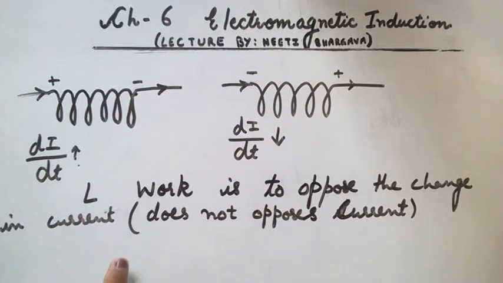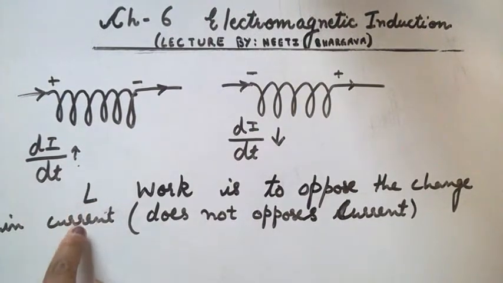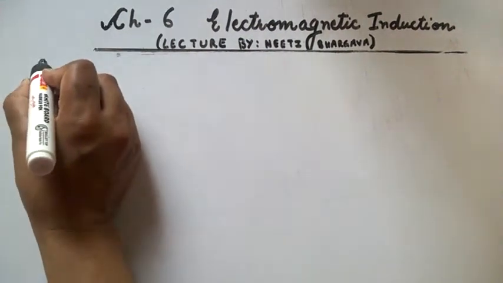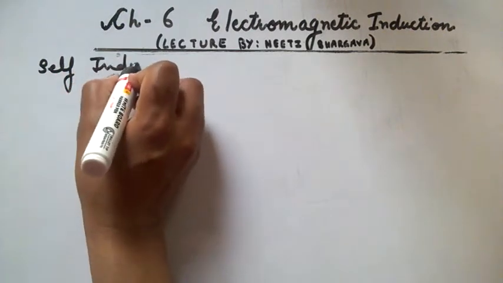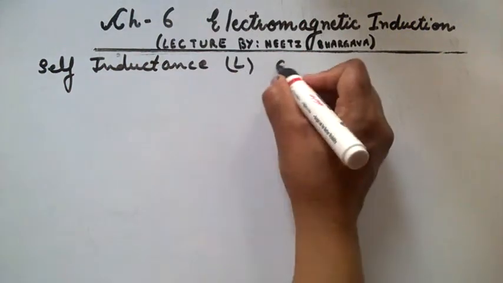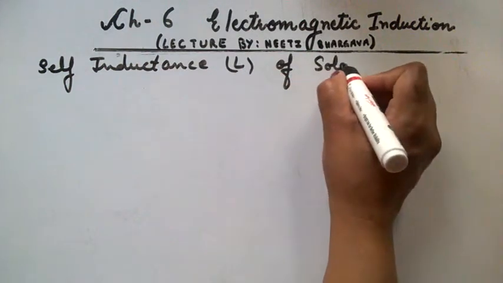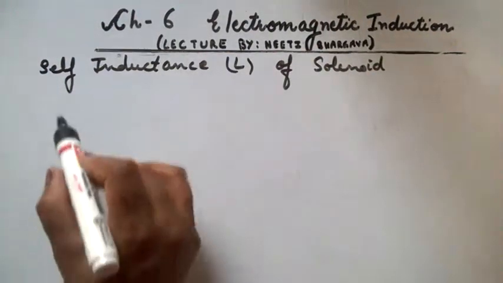Now let's find the value of self-inductance in terms of number of turns and area of a coil. The self-inductance of a long solenoid, when air is filled in it and when a magnetic material like soft iron is filled in it.